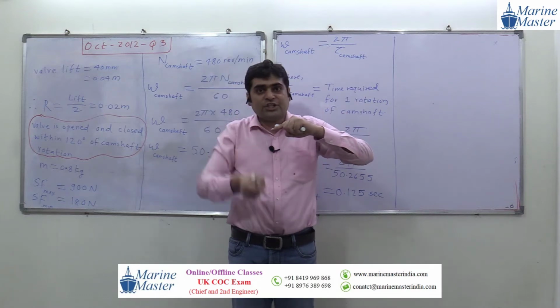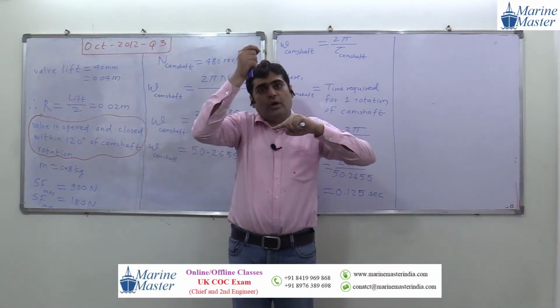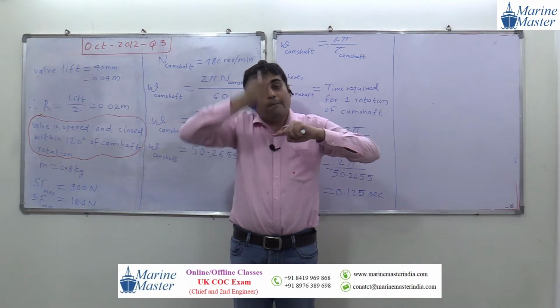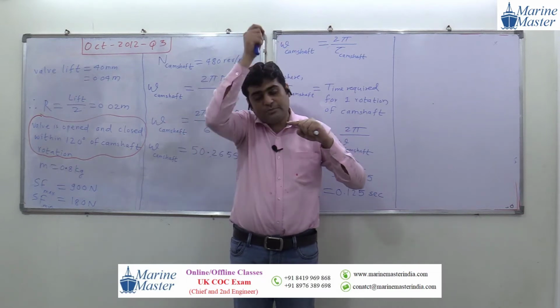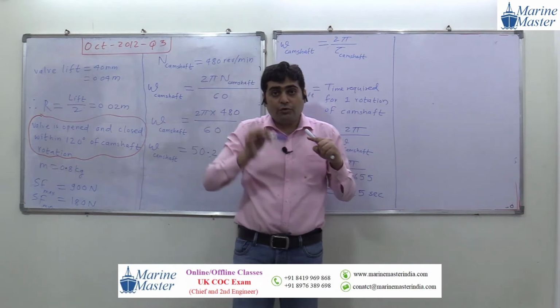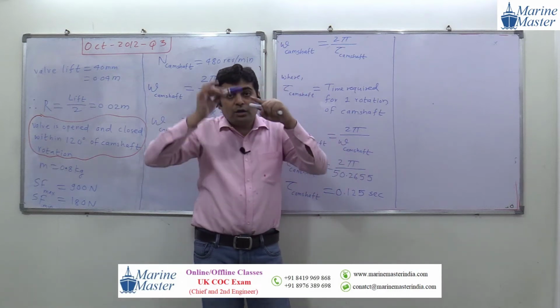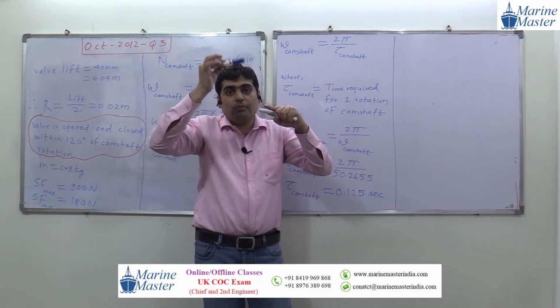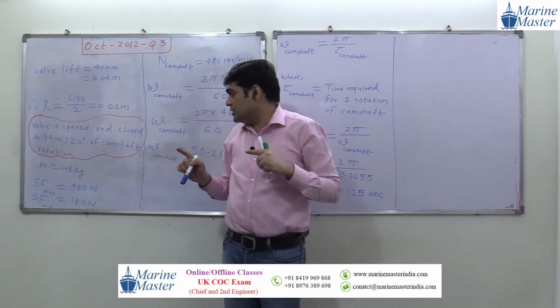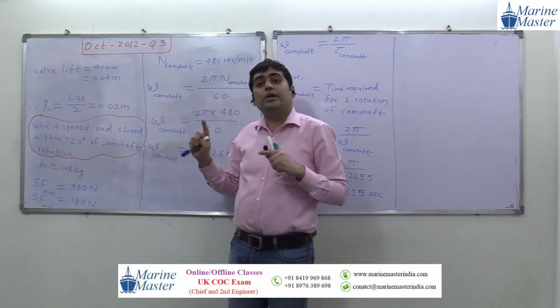One complete oscillation or one complete cycle of the valve. Here I am not saying rotation, because the valve motion is reciprocating. So one complete cycle, top to bottom and again bottom to top, the valve is open and closed. Try to see the point.